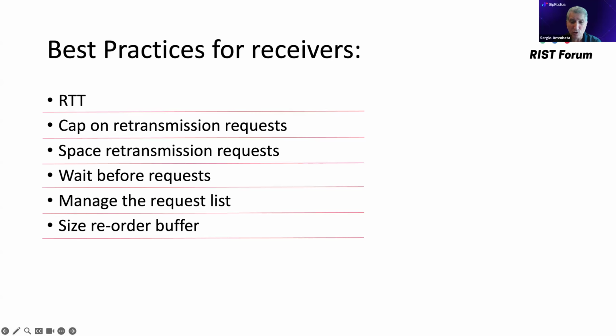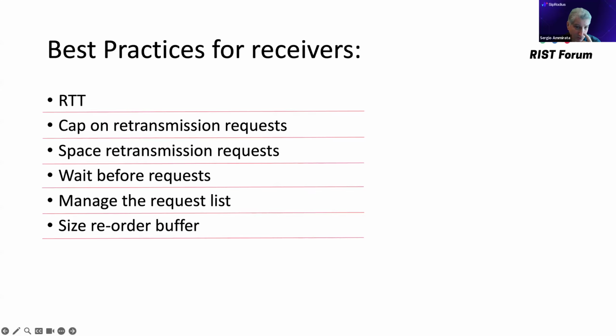Because if it's too small, you're going to consider a packet lost when it was actually out of order or arrived late. The suggestion is that the inter-packet arrival time, IAT, be used to dynamically size the reorder buffer. The maximum IAT measured over a particular interval, let's say 1 second at a time, should be the lower limit of the size of the reorder buffer.